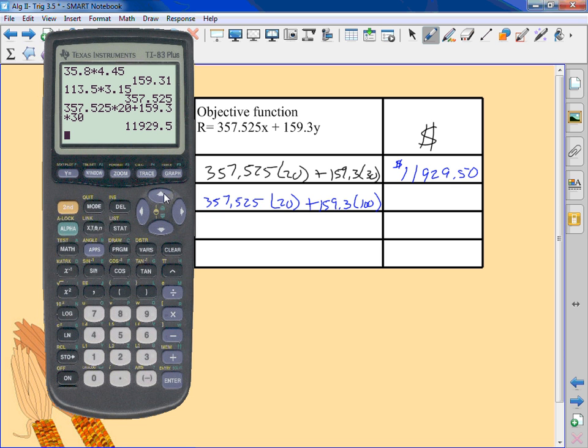Second, enter, retypes what I just typed. And the only thing I have to change is the 30 to 100. Press enter. The farmer made $23,080.50.